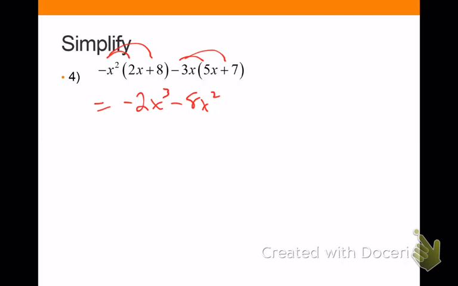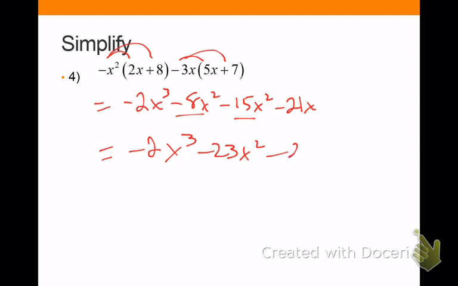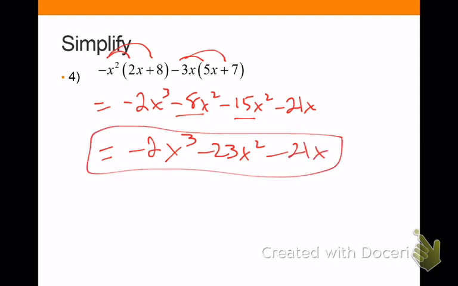Negative 3x times 5x is negative 15x squared. Negative 3x times 7 is negative 21x. Now if you look, you've got like terms here that you want to combine. We get negative 23x squared when we do that. And so our new polynomial turns into that.